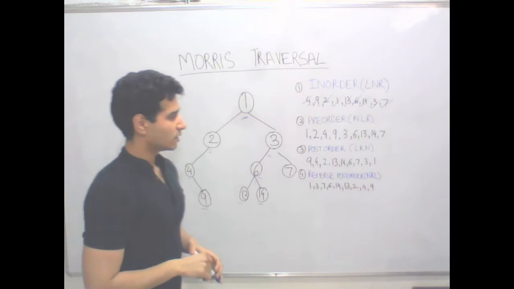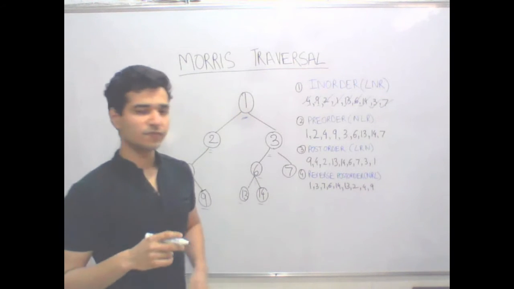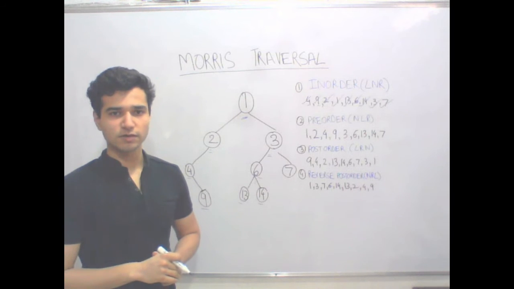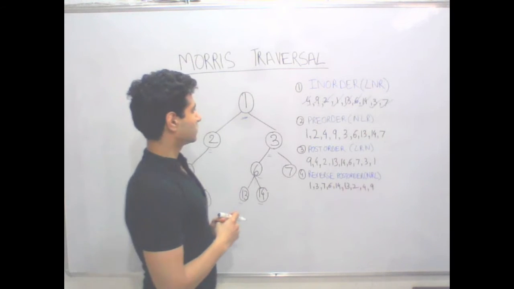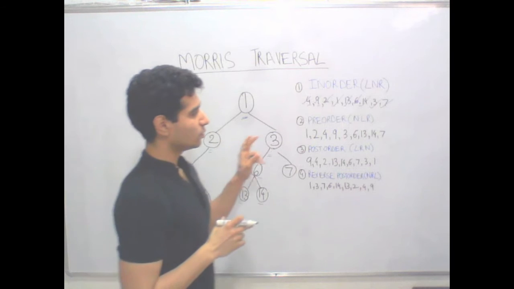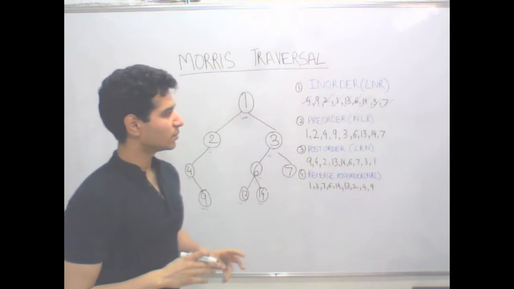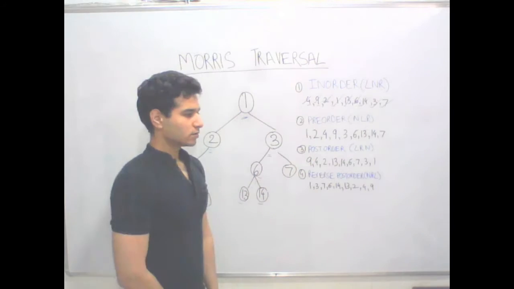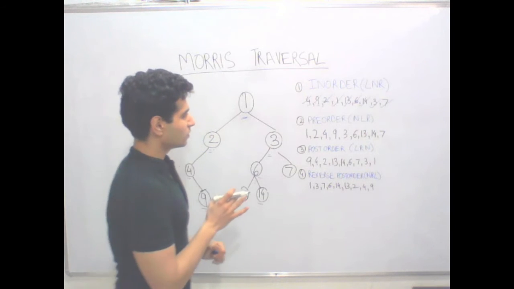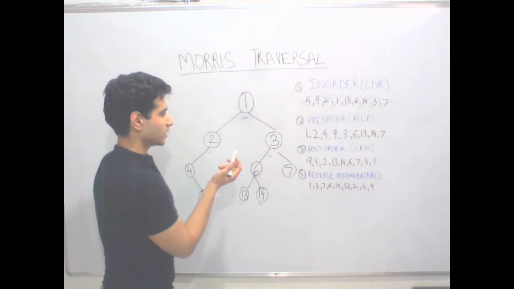Now there are other traversals as well. We can do it with Morris traversal. Just that for pre-order traversal, it would be node left right. So in pre-order traversal, we will first add the node.